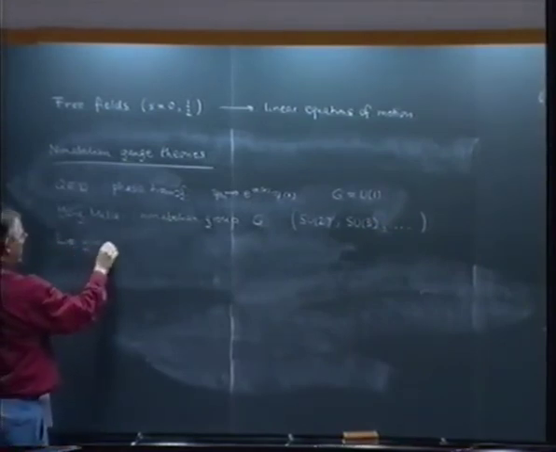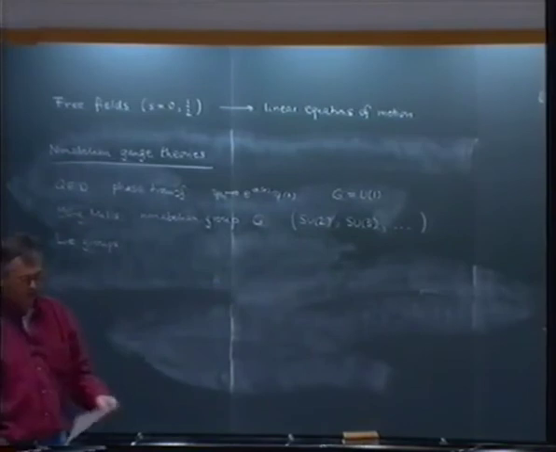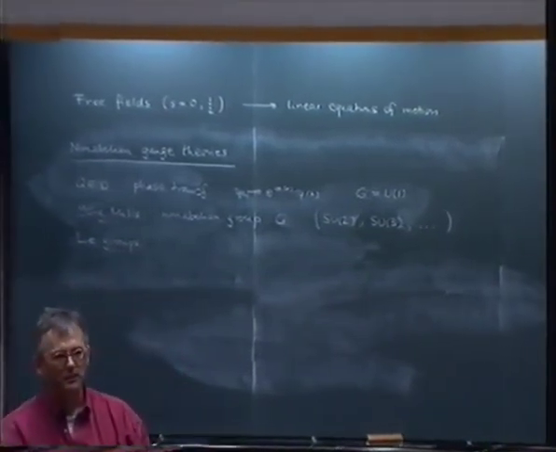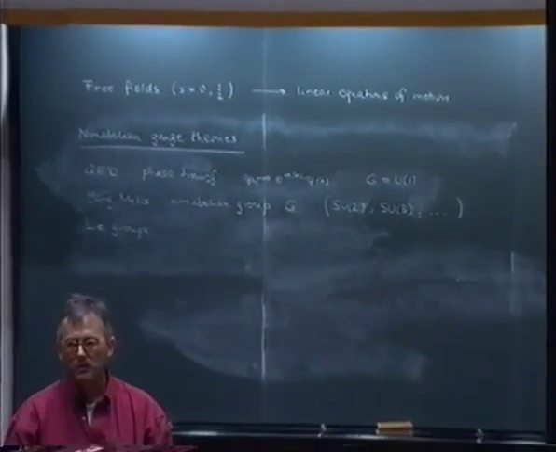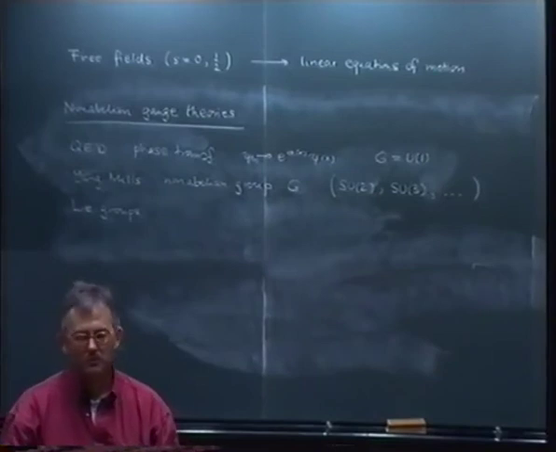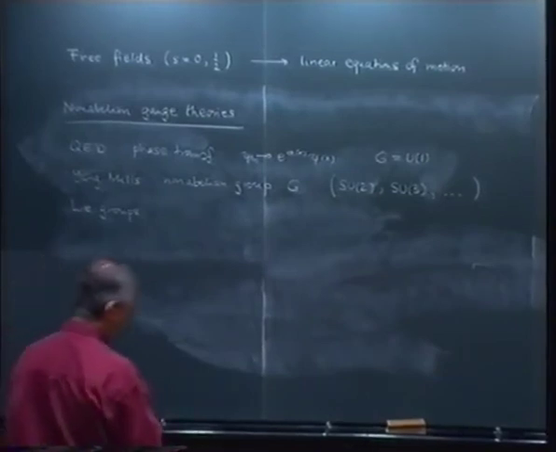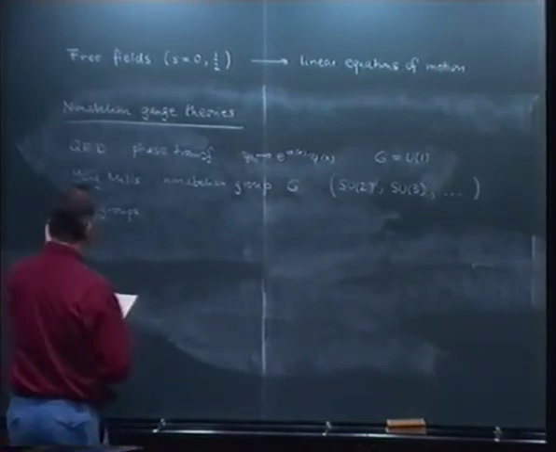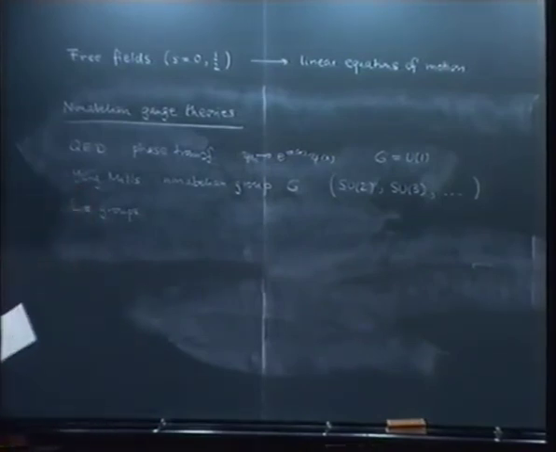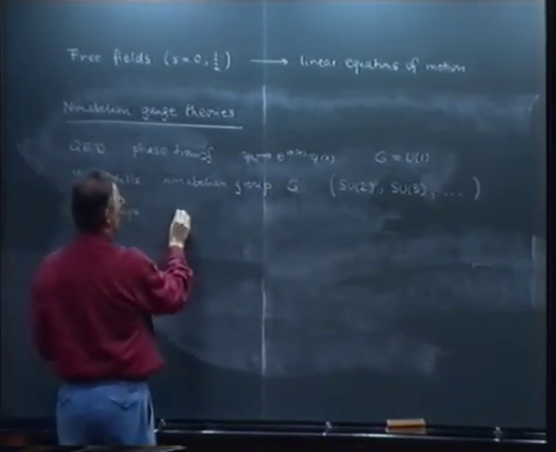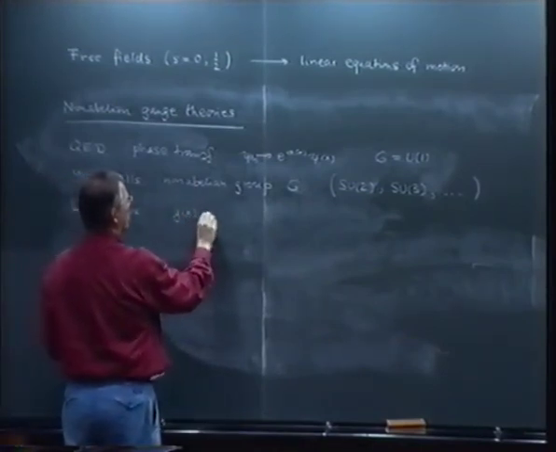Lie groups very generally means that you can analyze the group by staying close to the unit element. You do just infinitesimal transformations, and then you already know almost everything about the group. There are also other groups which are not Lie groups, but they don't seem to be of such importance in physics.